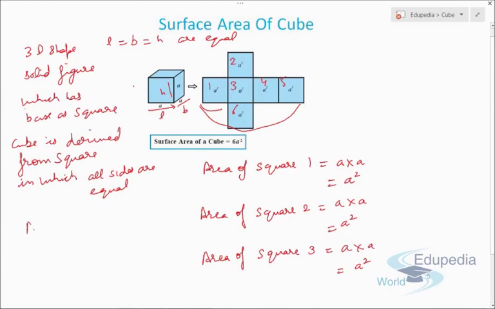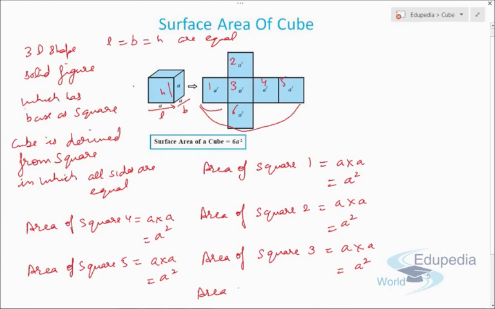Area of square 4 will be A times A, which is A square. Area of square 5 will be A times A, which is A square, and area of square 6 will be A times A, which is A square.